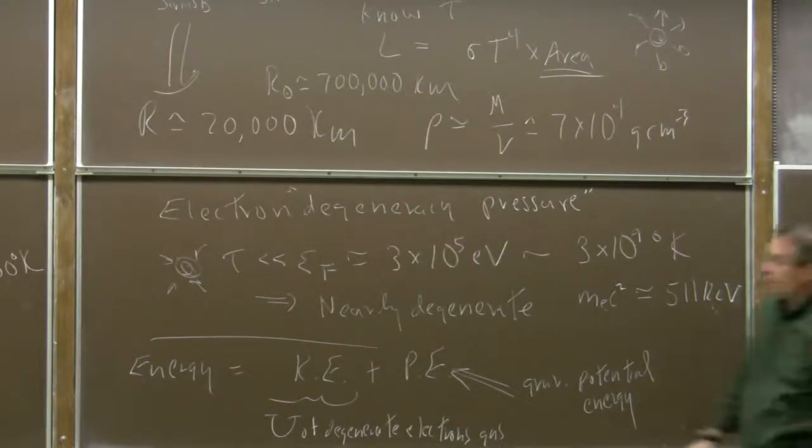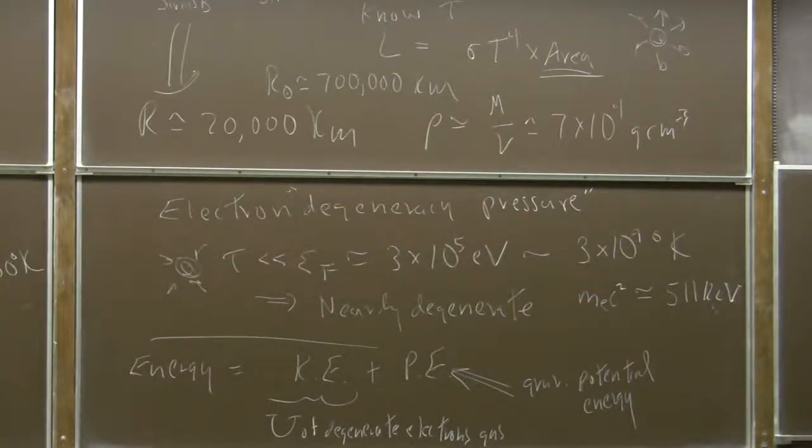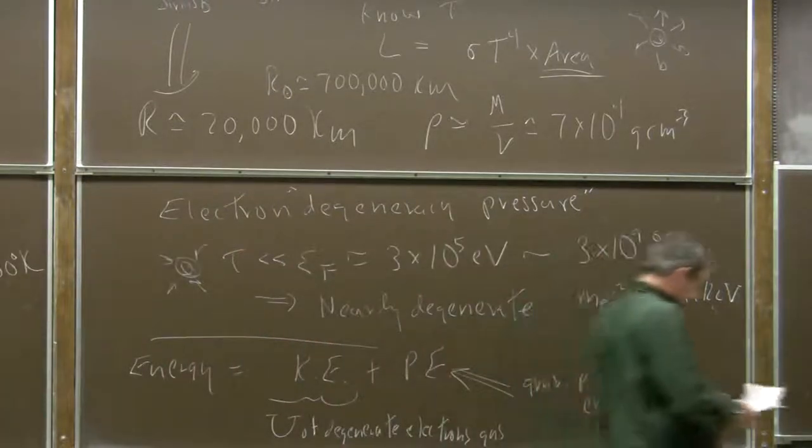And for the kinetic energy, I'll use this internal energy that I estimated here, but I don't care about the 3/5 for my current estimate because I'm making other approximations that are as bad as ignoring the 3/5. So it's essentially n times the Fermi energy, and the Fermi energy goes like h bar squared over m, because I don't care about the 2, times the density or concentration to the 2/3.